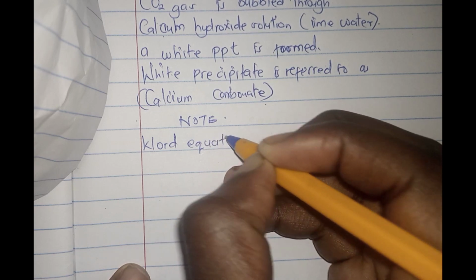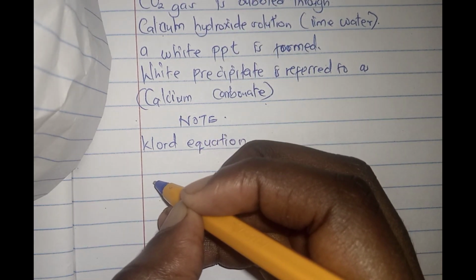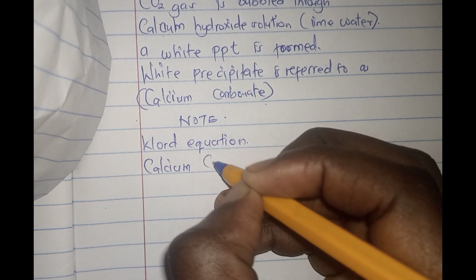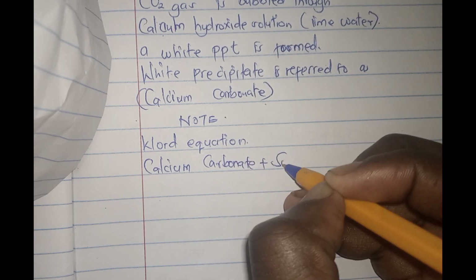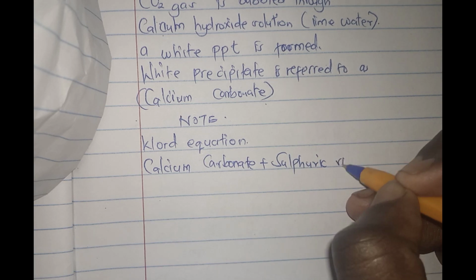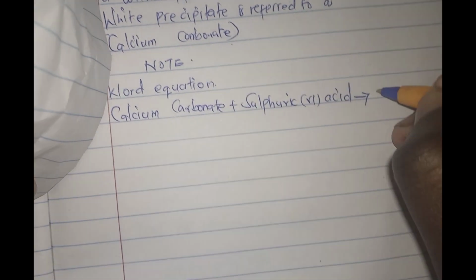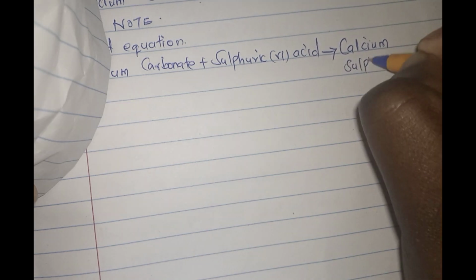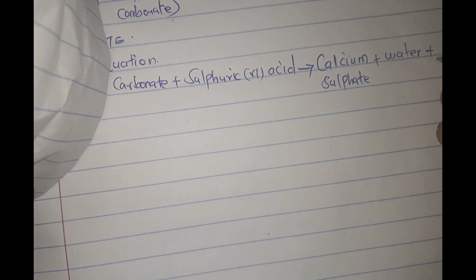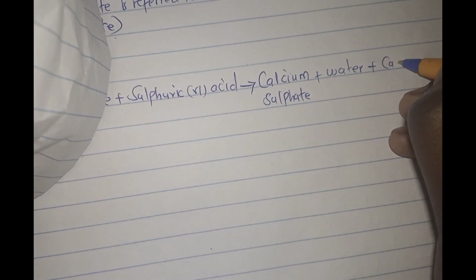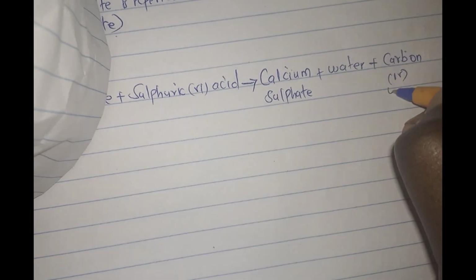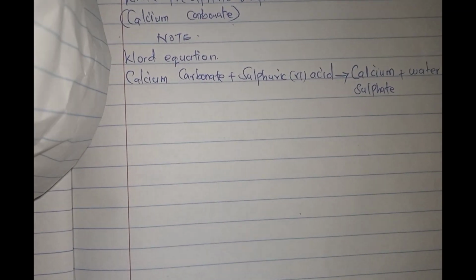Word equation: calcium carbonate plus sulfuric acid gives our salt, calcium sulfate, plus water plus carbon dioxide. Now this is our word equation.